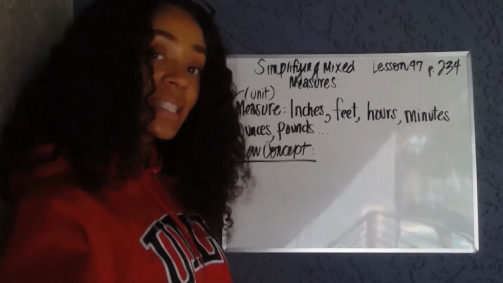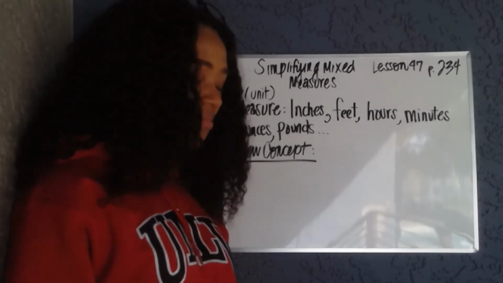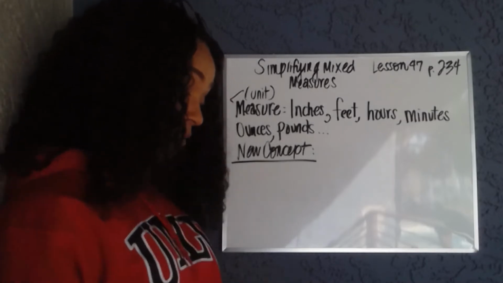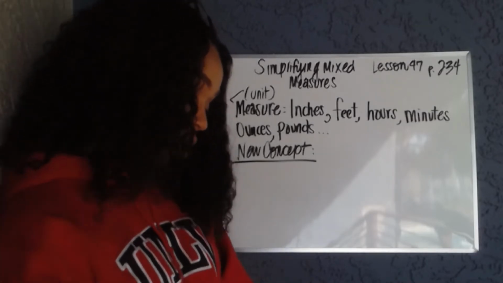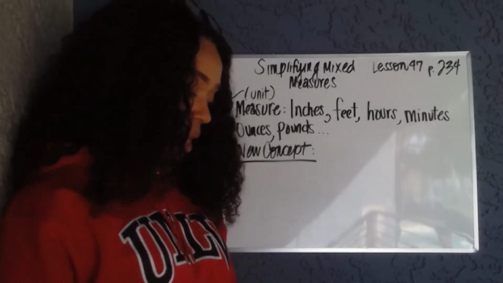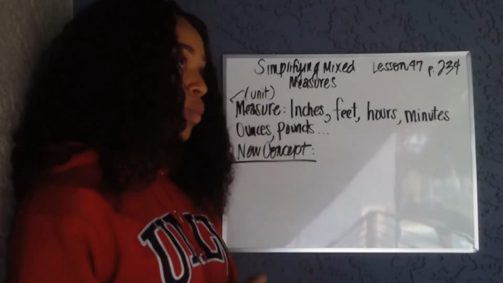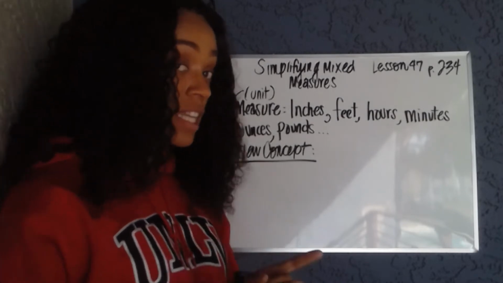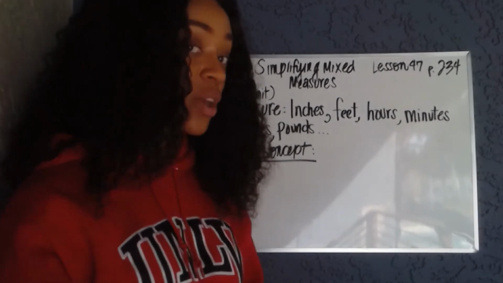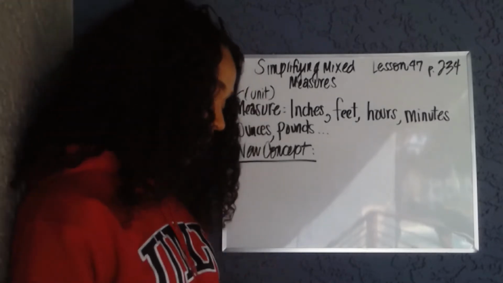So we're going to go to example 1 where it talks about John. And it says John is 5 feet 4 inches tall. How many inches tall is John? Well, if you guessed that we have to convert feet to inches and then add them to the inches that are already there to solve the equation, you are correct.